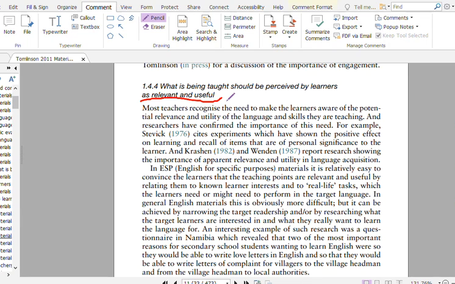When we present materials to our students, they should be sure about their usefulness and relevance. They should think that what I am learning now is exactly what I need in the future, what I will use to solve my real life problems. So they should feel that materials are relevant and useful.